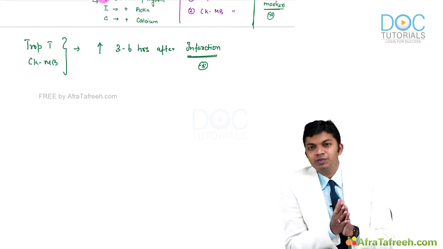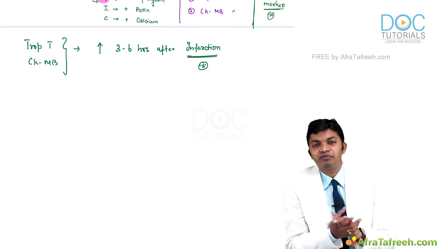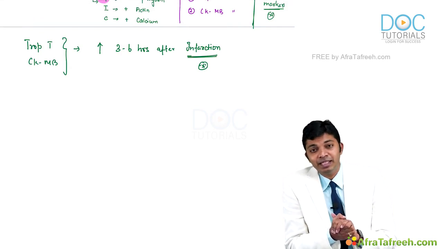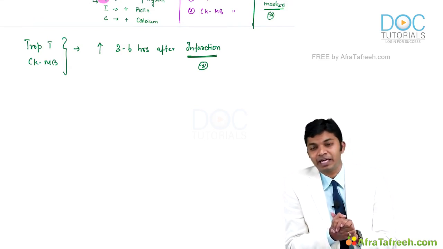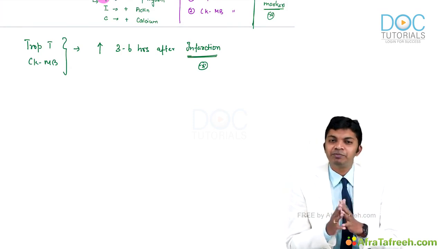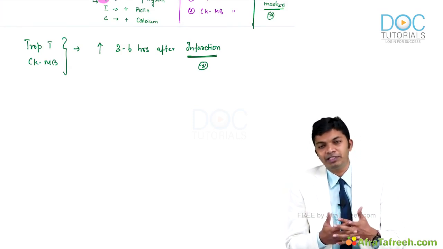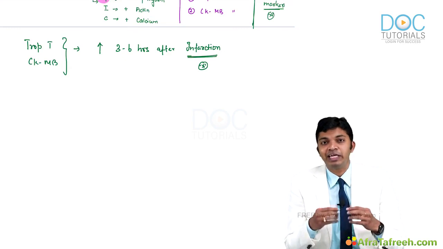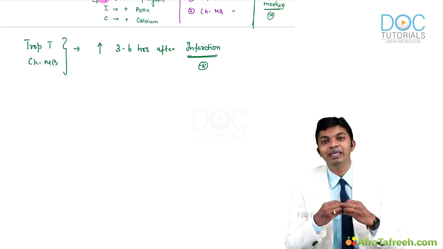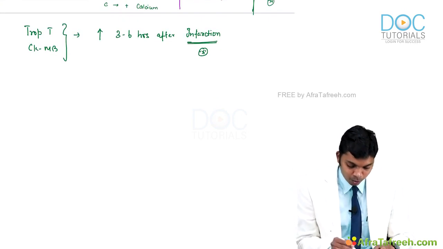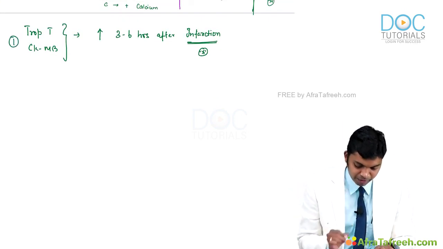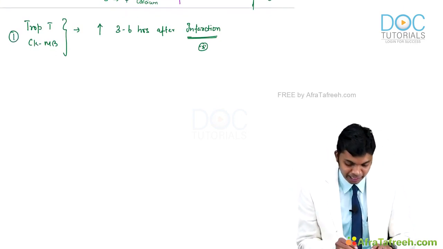Because in those 3 hours there will not be enough troponin T as well as CKMB in the circulation to be detected by our conventional biochemical assays. So, till 3 hours have passed, there is no point in doing CKMB or troponin T because their levels will not be elevated in serum by then. So, that is point number 1 you have to be very familiar with on troponin T and CKMB.